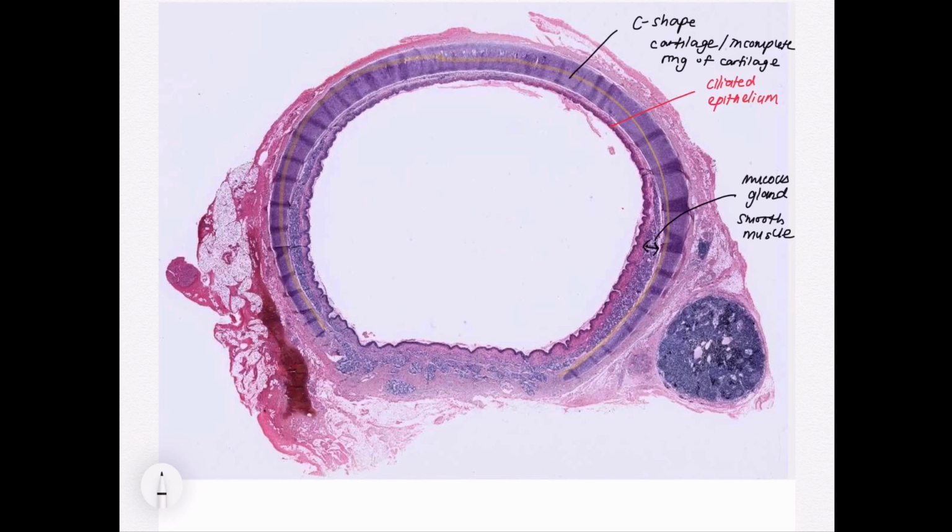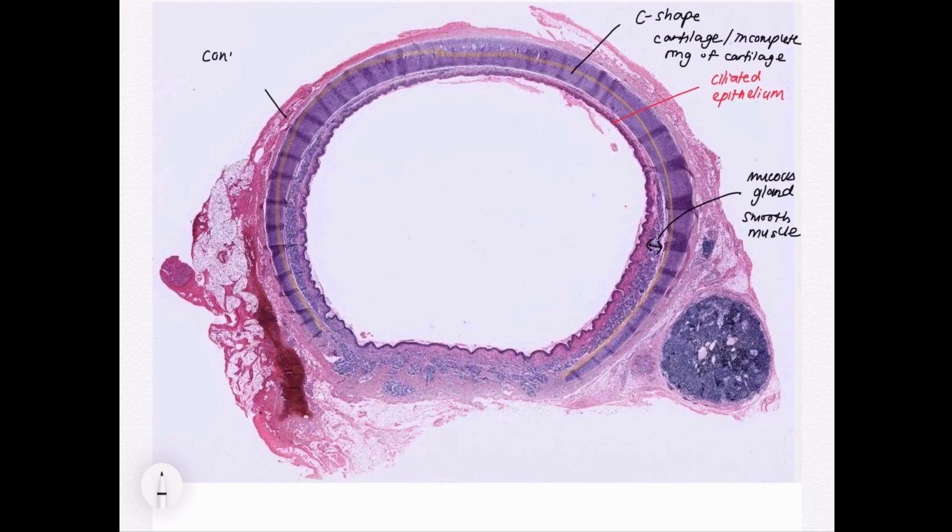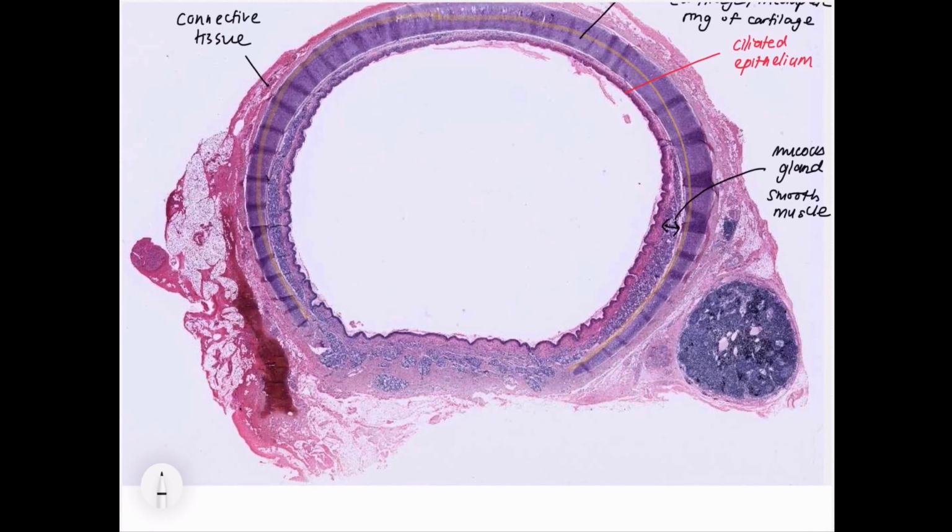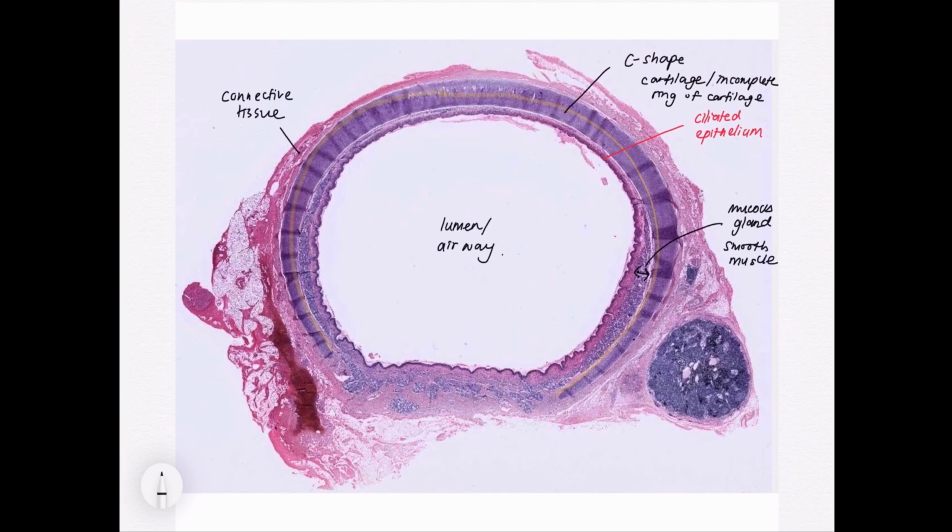All this tissue responsible for holding the different layers of tissue together will be known as connective tissue. And the middle part is sometimes known as the lumen or the airway. So this is how you identify a trachea.